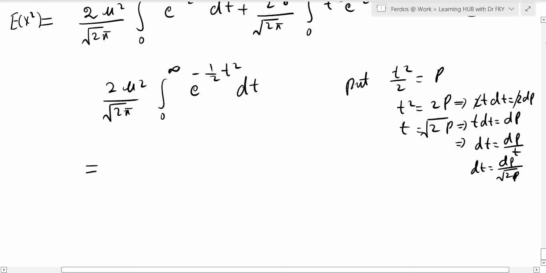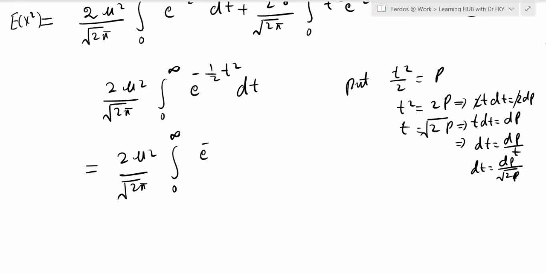This means that this is equal to 2 mu square divided by 2 pi, the limit will remain the same, e power minus p, and now dp divided by square root of 2p, divided by square root of 2p.